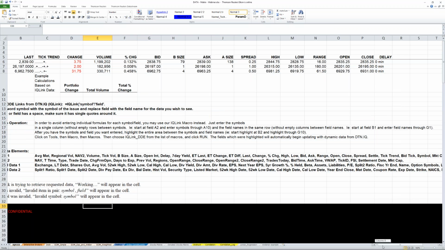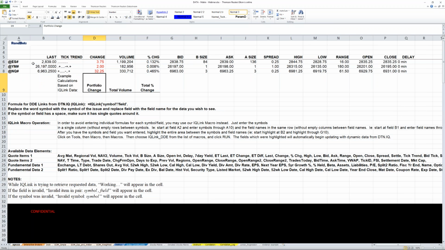This is real-time data coming from the exchanges: the ES, the YM, and NASDAQ, the last price, and the tick. Neutral means it was not on the bid or the ask. The plus sign means it was an aggressive buy, and the minus an aggressive sell. Then the change, the volumes, and so on.